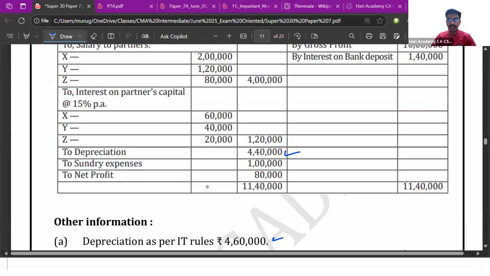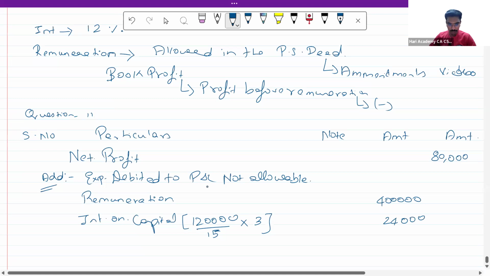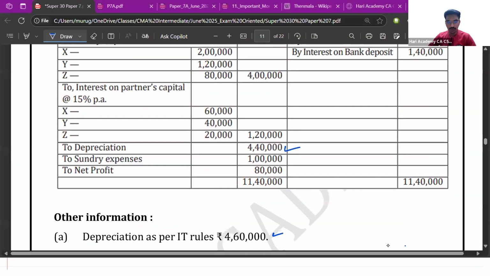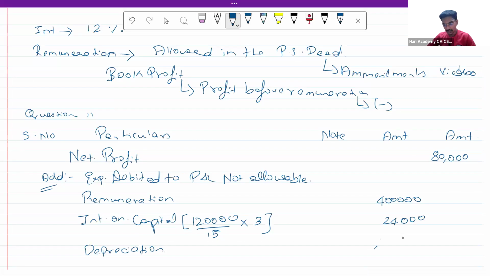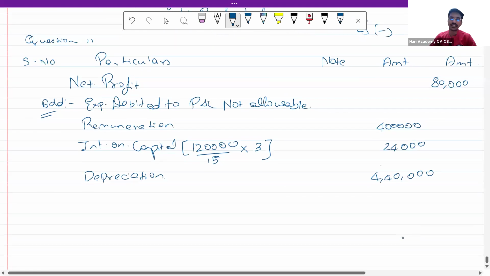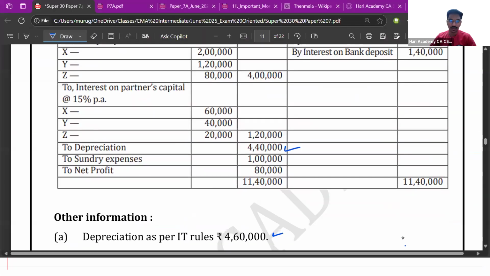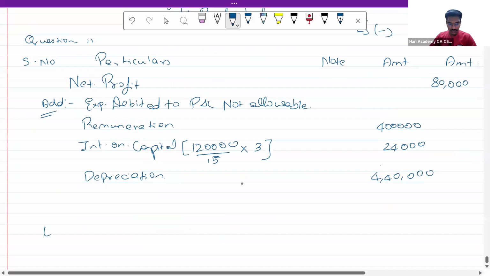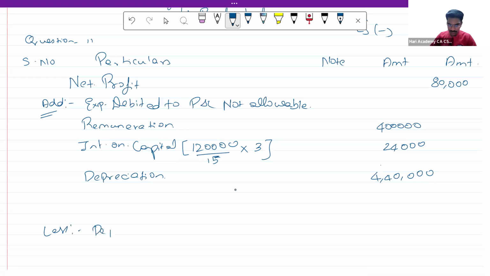24,000, right? Then depreciation, as usual. This is again not allowable as an expenditure. This 4,40,000 is not allowable because depreciation as per Income Tax Act alone is allowable. Then less, we have depreciation as per Income Tax Act.